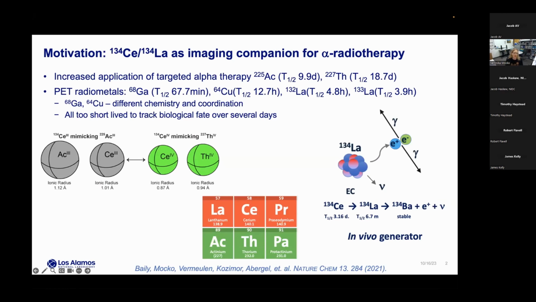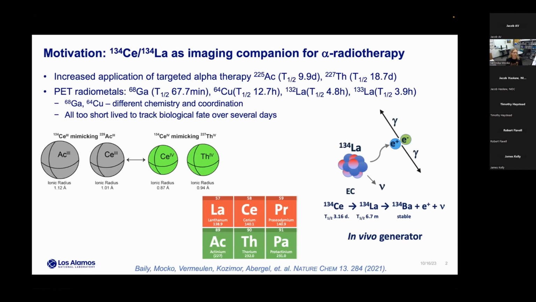These are actinides, and as you can see in this part of the periodic table of elements, these actinides sit right below the lanthanides. Unfortunately, to use them, it's good to know the biological fate in the body. However, they don't have very good imaging handles.